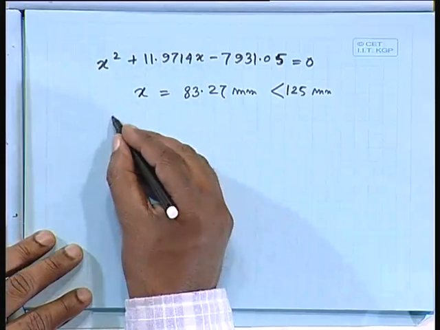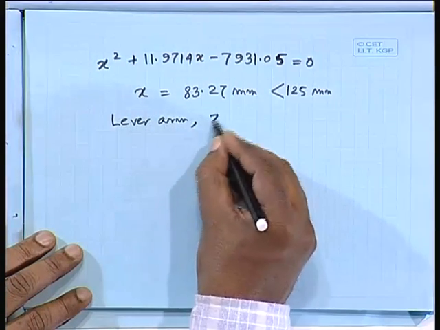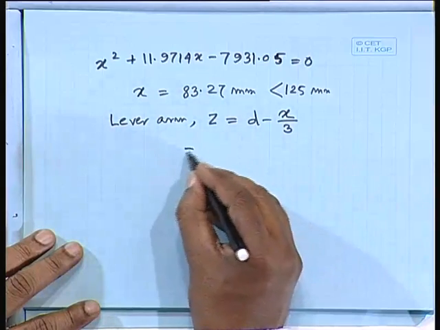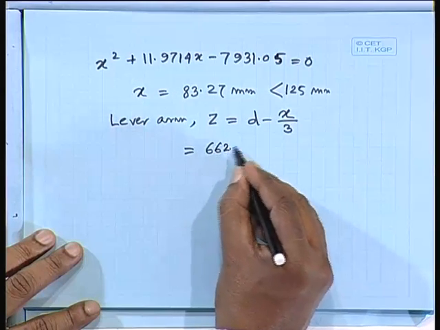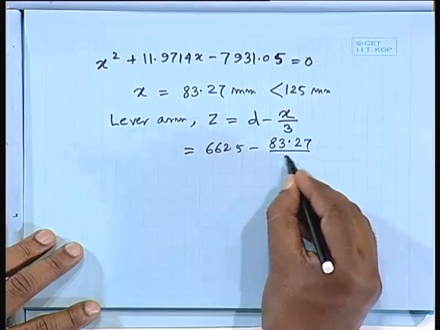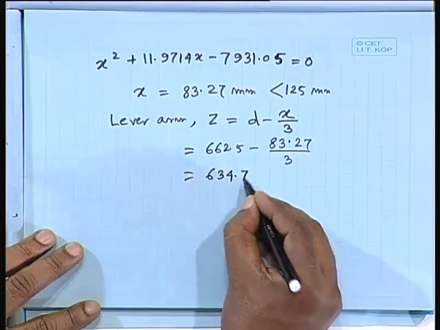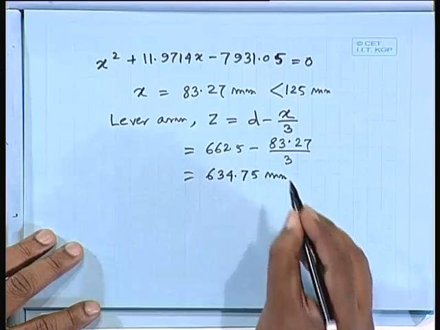Now, we can calculate the lever arm. Lever arm in the working stress method: 662.5 minus 83.27 by 3, and it comes as 634.75 millimeter.